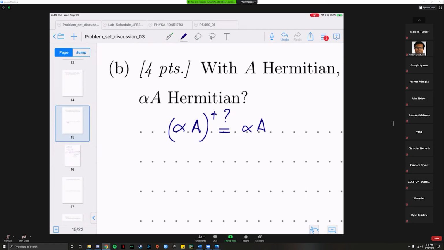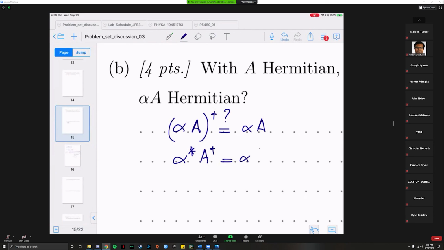Now, how do you evaluate this? So it should be the complex conjugate of alpha multiplied by A, and the transpose and complex conjugate both.